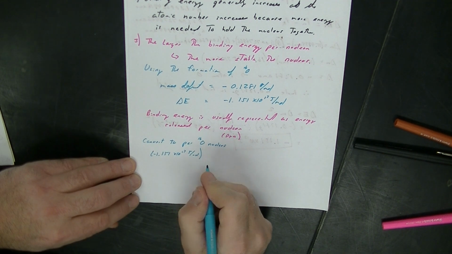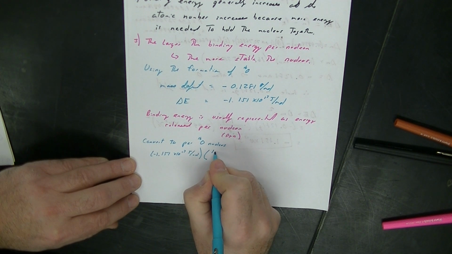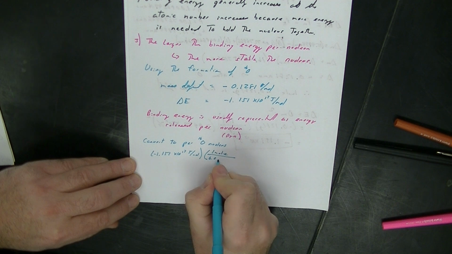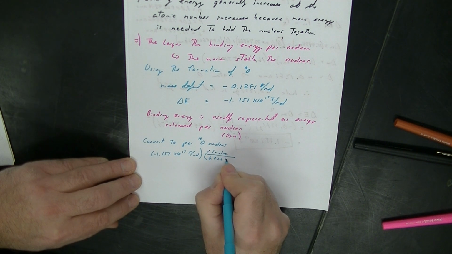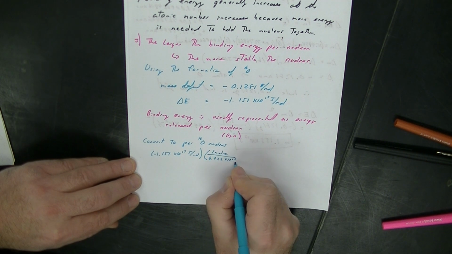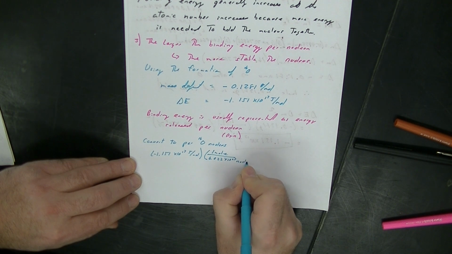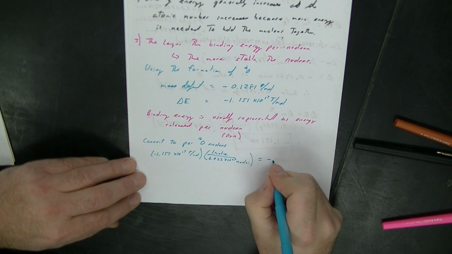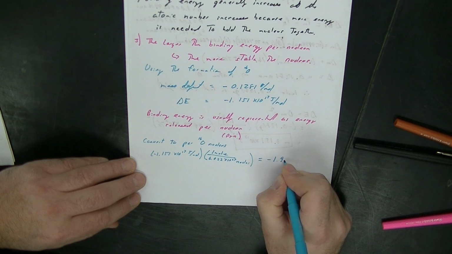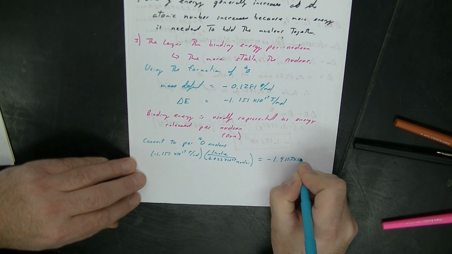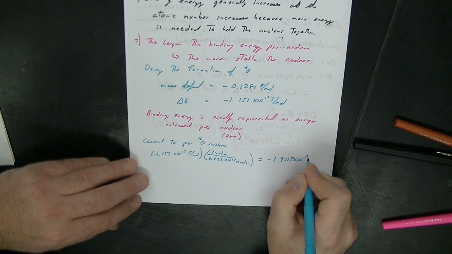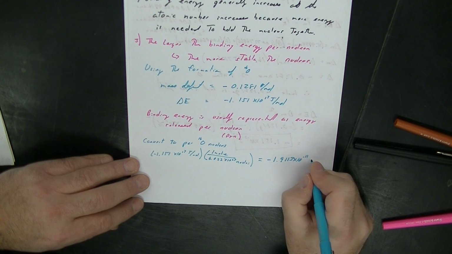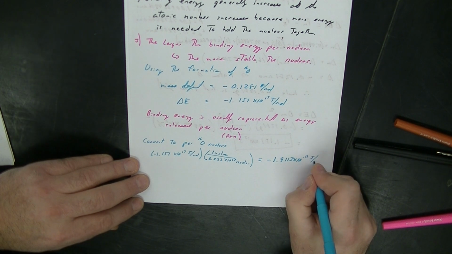All right, and we're going to use Avogadro's number. For every 1 mole, we have 6.022 times 10 to the 23rd nuclei. So that means we have negative 1.9113 times 10 to the minus 11th joules per nucleus.